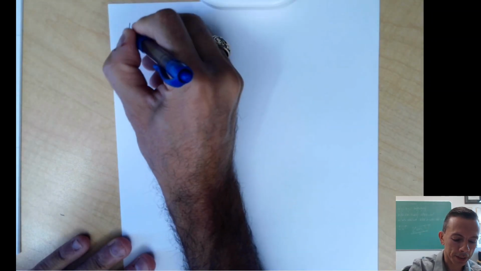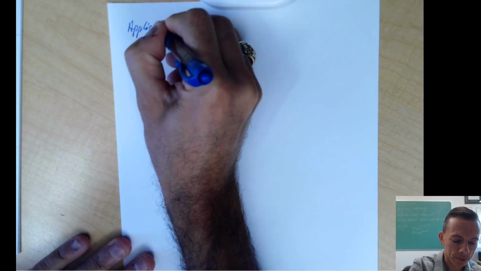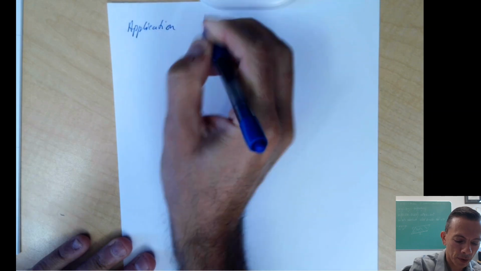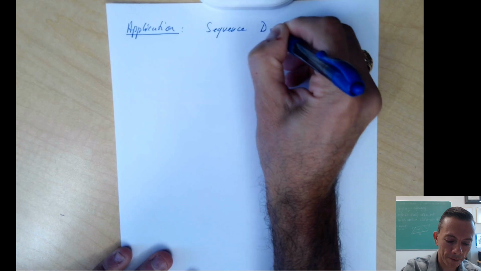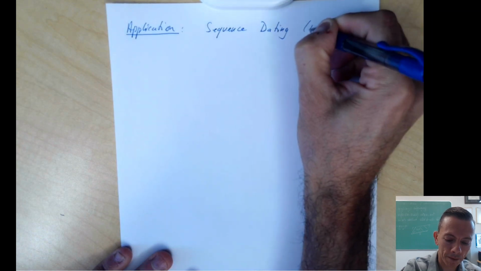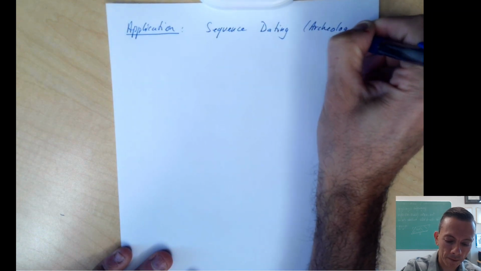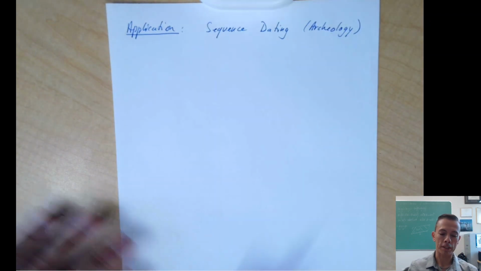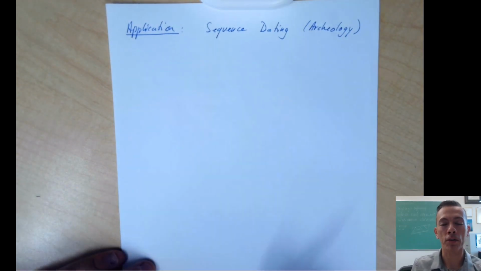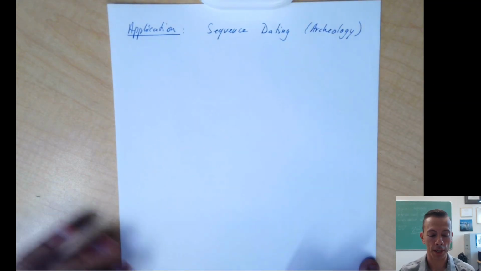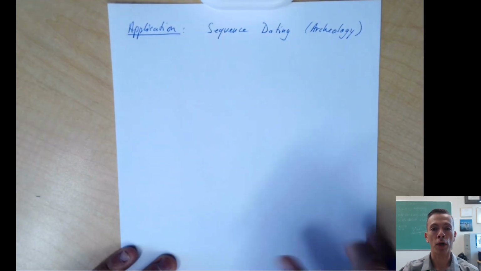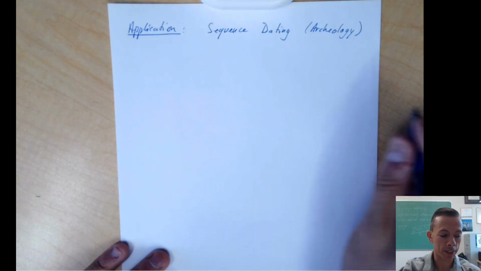So another application, which is a little bit more exotic, but it's described in your book. It has to do with sequence dating in archaeology. So archaeologists go out and they dig out pottery out of graves, and their goal then is to be able to date the graves and to create a sequence, a chronological sequence of their digging sites.